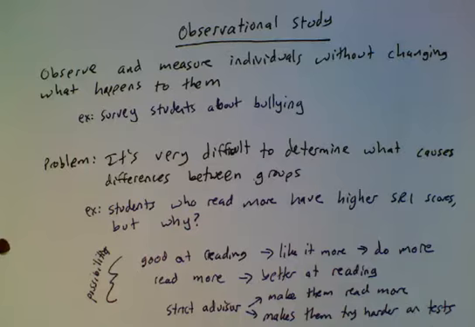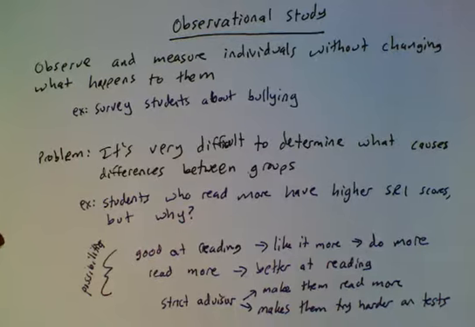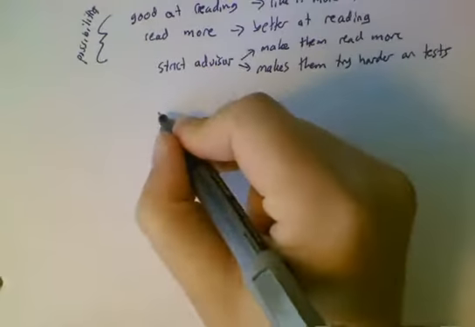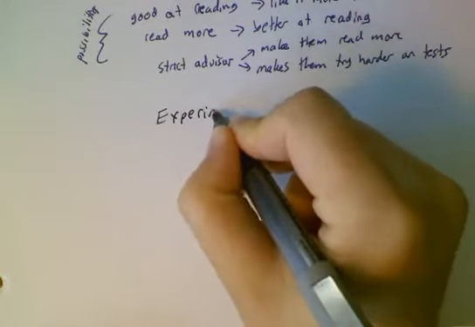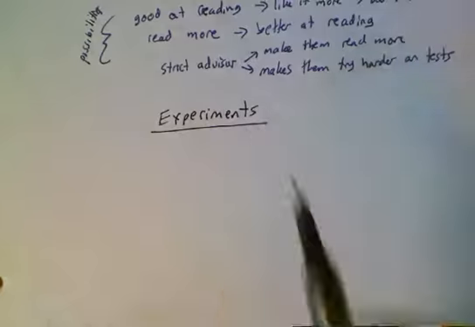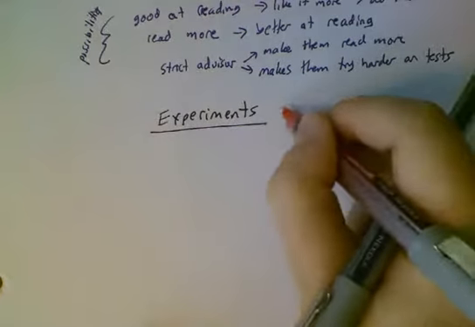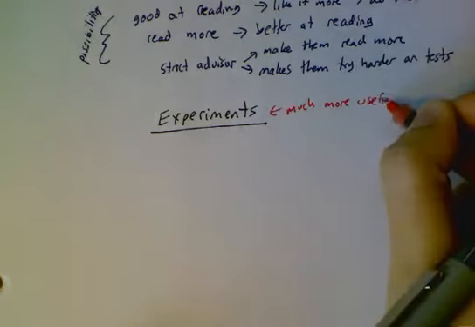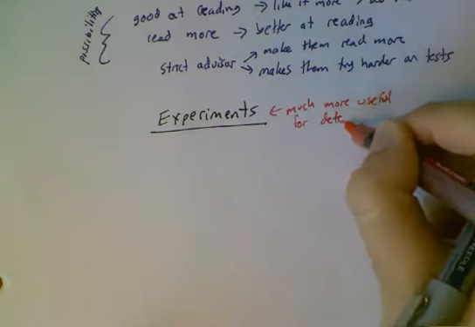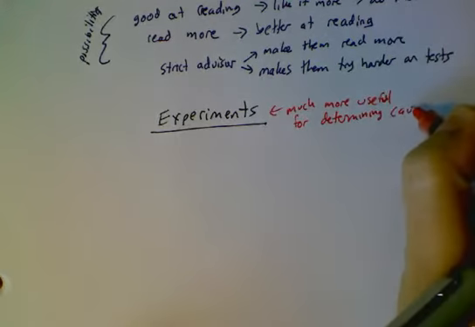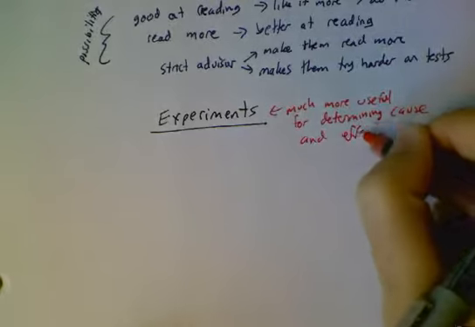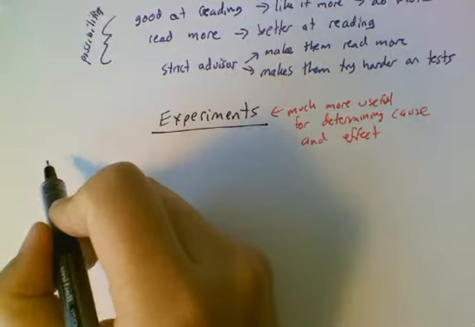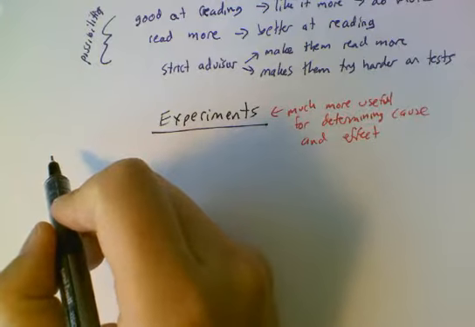So that leads us to experiments, which are another way of gathering data that we can use to try to determine cause and effect. And in an experiment, we're going to deliberately change individuals' experiences to see what the impact is.